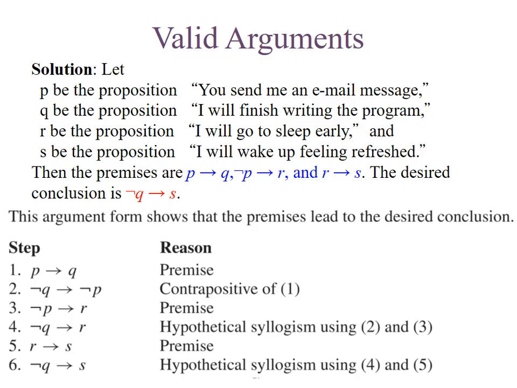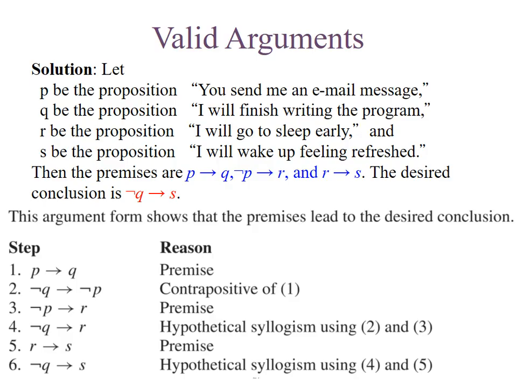Alright, so let's see, do we have any clue how we draw the conclusion? Okay, so we need not Q, right? So maybe we have if P then Q, and its contrapositive form is if not Q, then not P. We apply contrapositive again. Not Q, then not P. Not P, then R. So what's that?